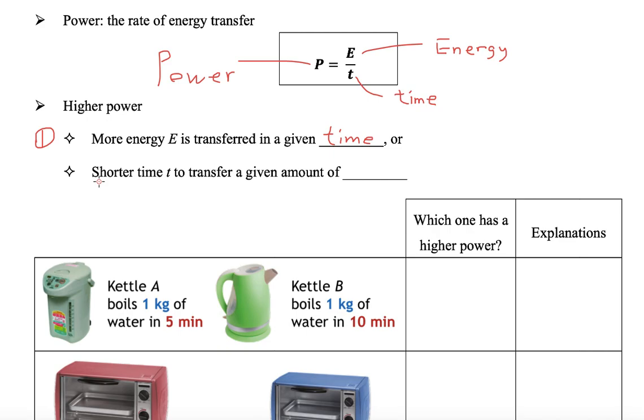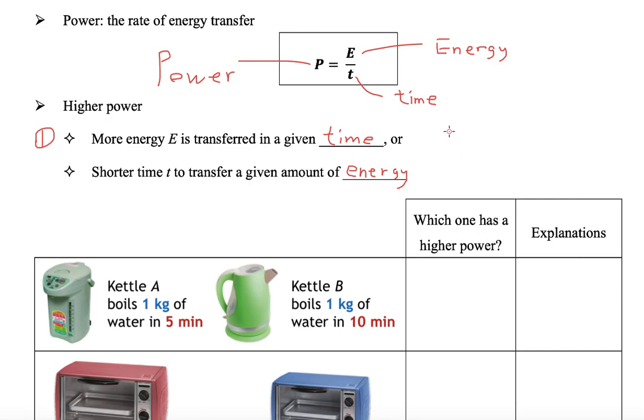Another approach of looking at power would be, if there is a higher power, then if you want to transfer a fixed amount of energy, of course it requires a shorter time. So you can relate power to energy and also time.